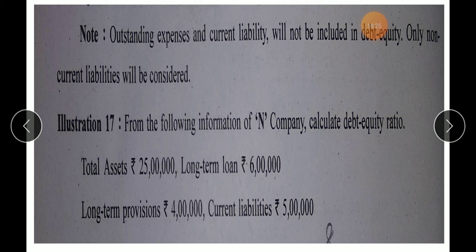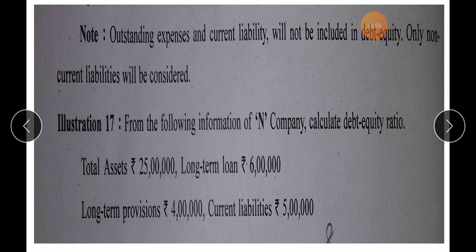And the total of both the sides of balance sheet is always identical. So if the total of asset side is 25 lakh, then obviously the total of liabilities side is also 25 lakh. I repeat, if total assets, that means the total of asset side of balance sheet is 25 lakh, then obviously the total of liabilities side of balance sheet is also 25 lakh.